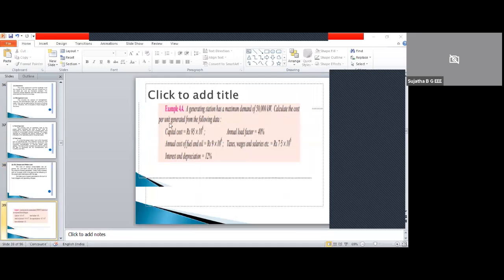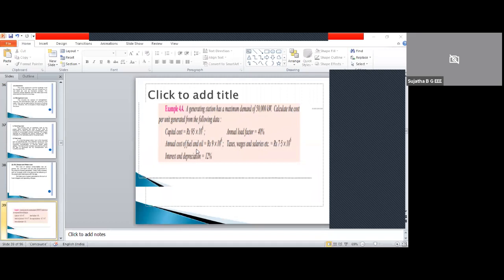Calculate the cost per unit generated from the following data. What is the cost per unit generated? So it is given capital cost of the plant is rupees 95 into 10 to the power 6. The cost involved for investing in the plant is 95 into 10 to the power 6 rupees. Annual load factor is given, that is 40%.